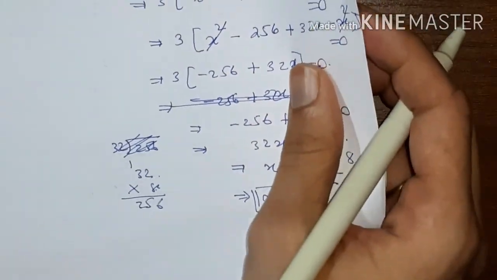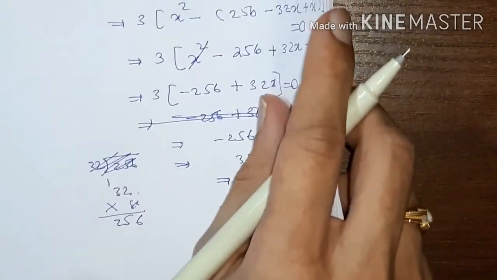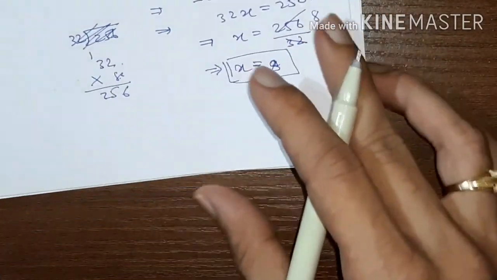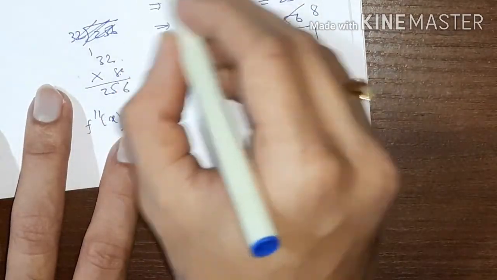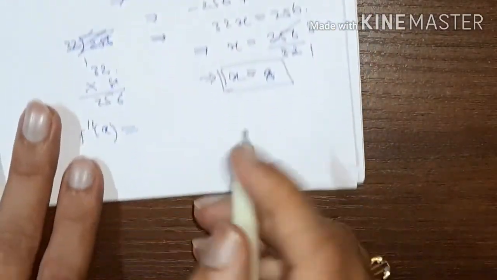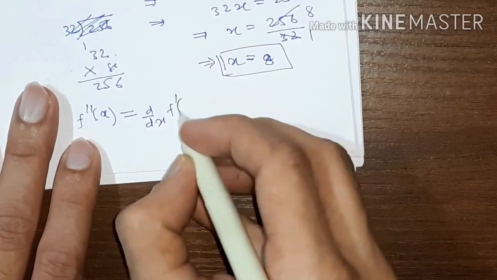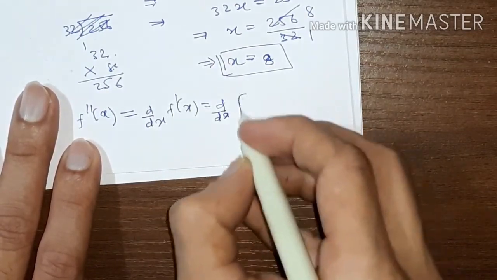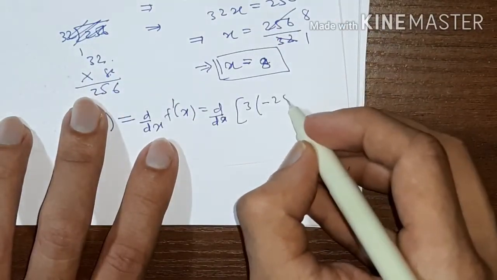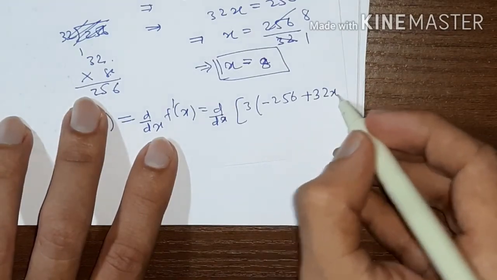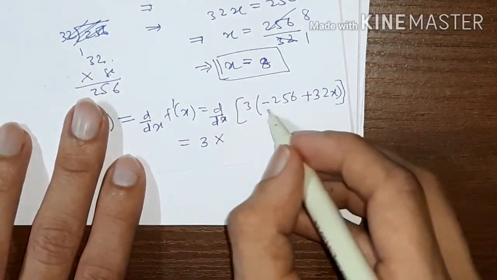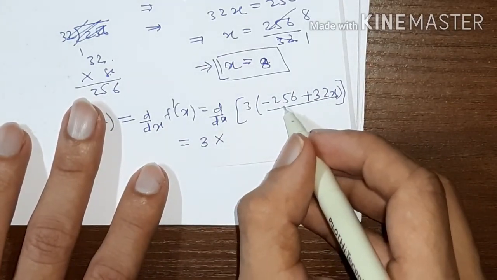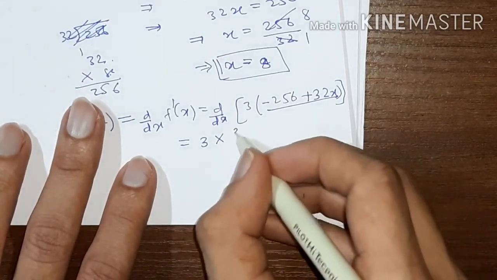Now since the problem is short, we can calculate the double derivative. So f double prime of x is the derivative of f prime of x, that is 3 times minus 256 plus 32x. So 3 multiplied by the derivative of this quantity: the derivative of minus 256 is 0, the derivative of 32x is 32.